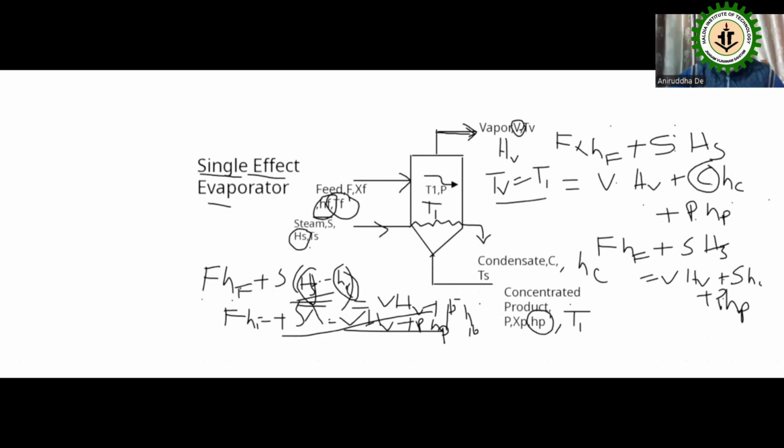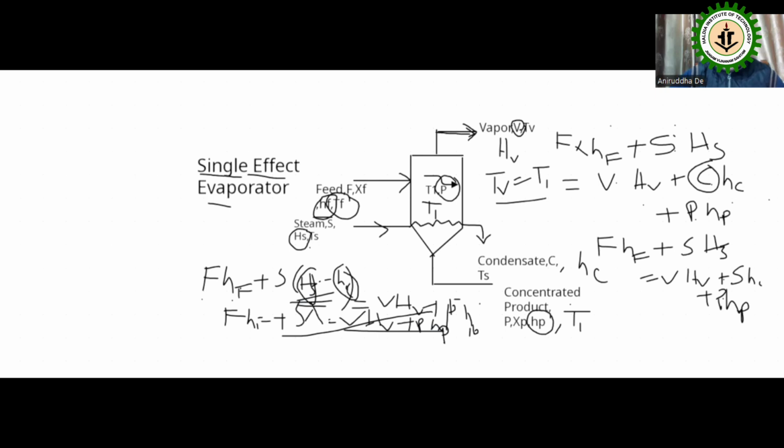And this pressure P is generally kept lower than the atmospheric pressure inside the evaporator. Why? To boil the solution at lower temperature. If we boil at high temperature, what will happen?